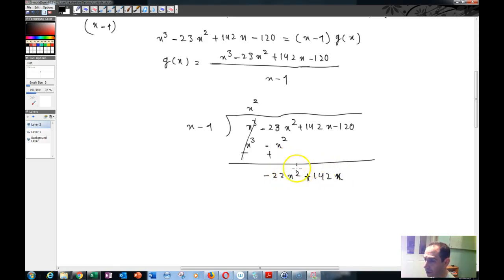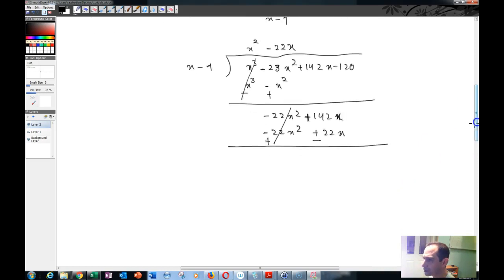Okay, and then negative 22x squared divided by x is equal to negative 22x. So negative 22x times x is equal to negative 22x squared, and that's a positive 22x. Then you subtract and add these together.